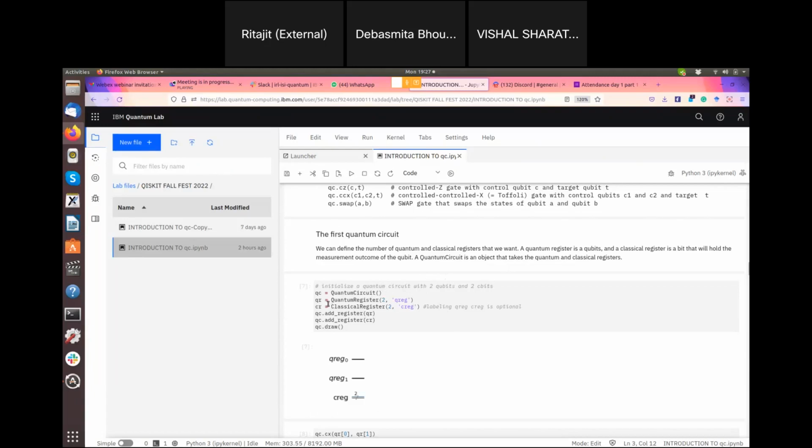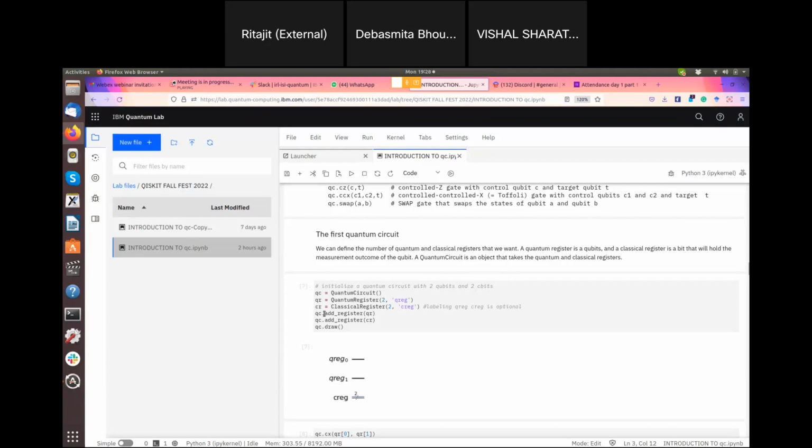Next you initialize some quantum registers. So 2 quantum registers, call them qr. These are the labels for better understanding, better visuality, and 2 classical registers, cr. So here you can see 2 quantum lines and 2 classical lines.